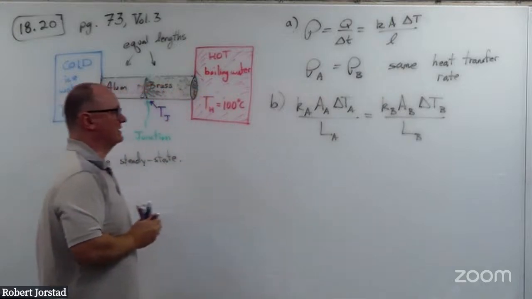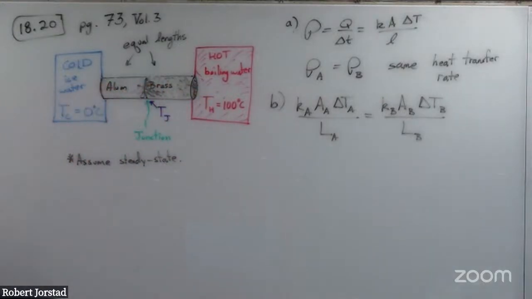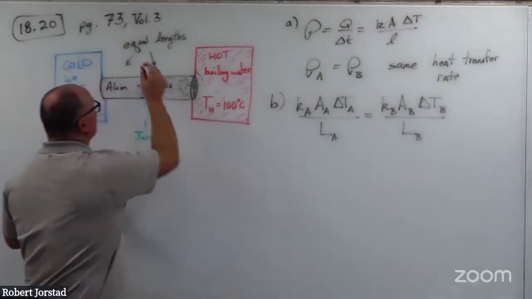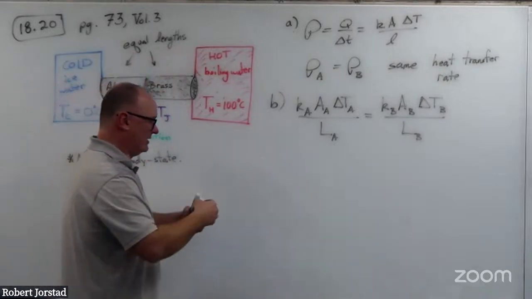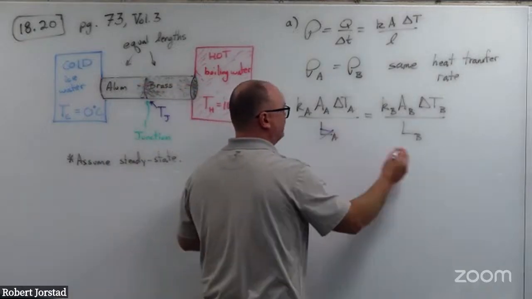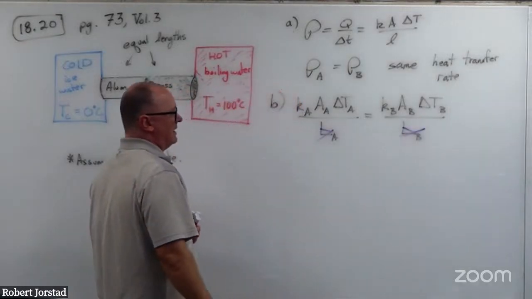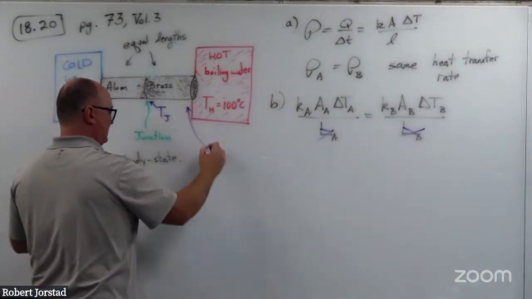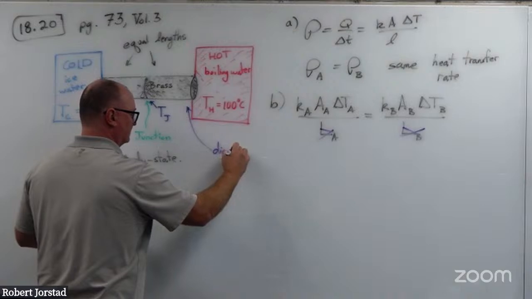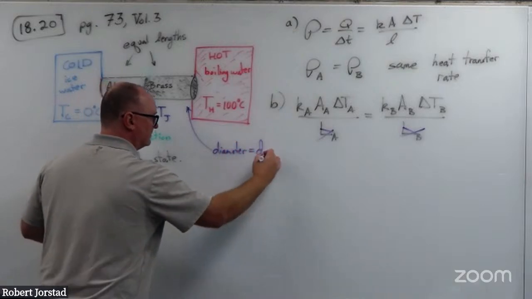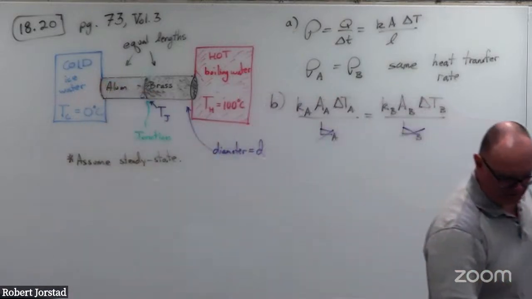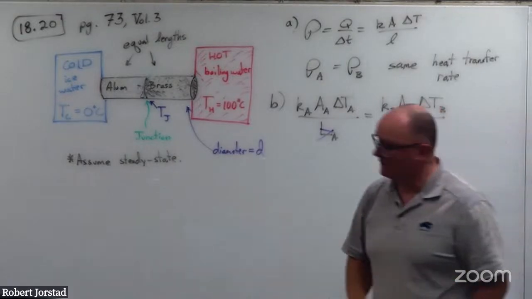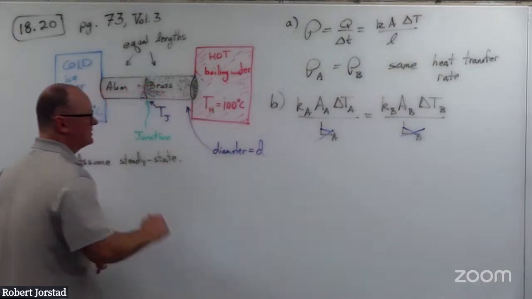Now, let's cancel out everything we can at this point. They have the same length. We don't know what it is, but fortunately, we don't need to know what it is. They have the same cross-sectional area. I believe the problem says, let me make sure, the diameter of those is given as little d.